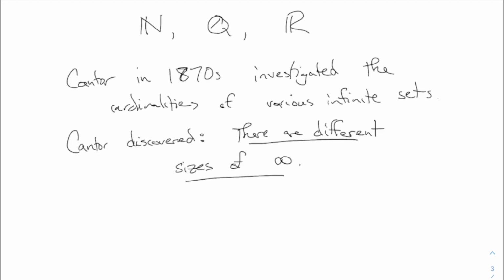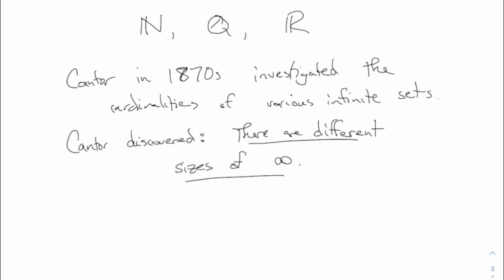So when somebody says to me, I'm imagining an infinite set, I will naturally, in the back of my mind, wonder, what infinity are you talking about here? Do you mean infinite like the natural numbers are infinite, or infinite like the real numbers are infinite? Or maybe the rationals, infinite like that one is.